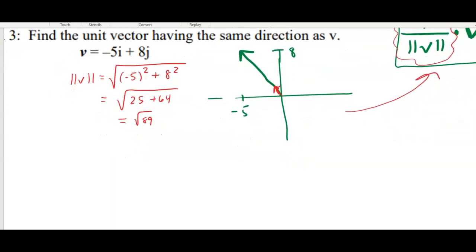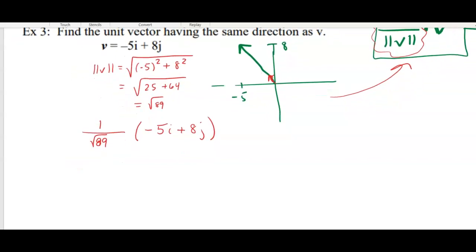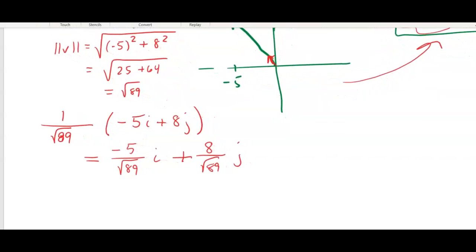So to build a unit vector, I'm going to take 1 over the magnitude and think of that as my scalar multiple, and I'm going to multiply by -5i plus 8j. That's it. Pretty basic. So that gives me -5 over root 89 i plus 8 over root 89 j. So that's my answer, but of course it needs to be rationalized.